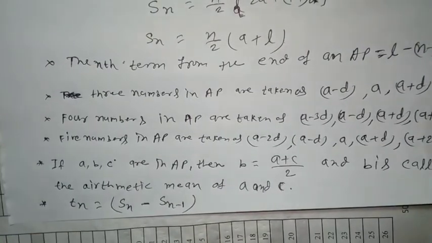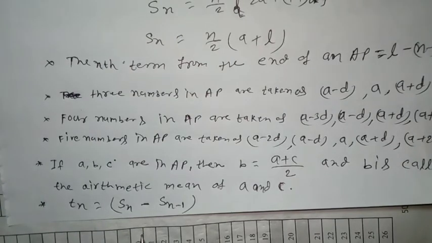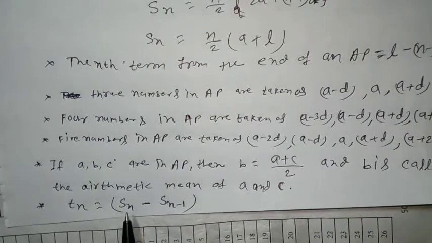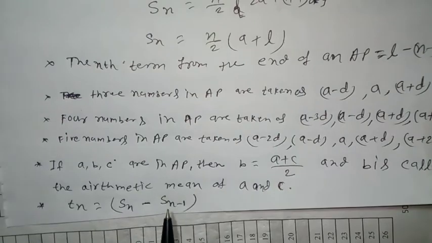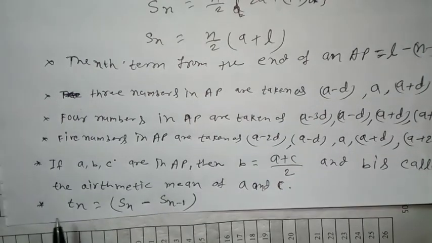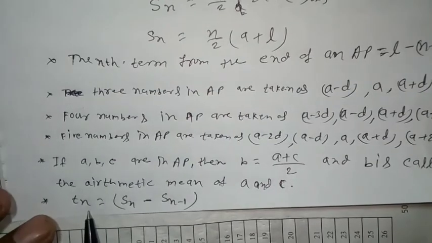It means that if you know the sum of the first 5 terms of an AP and also the sum of the first 4 terms, then you subtract and you get the 5th term. Okay.